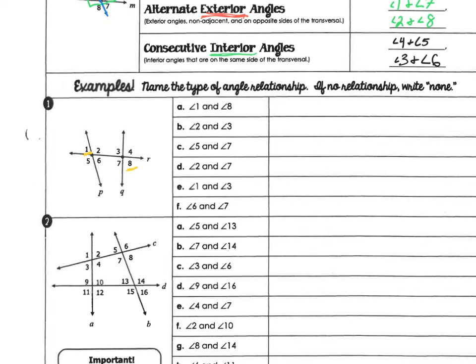Are they alternate? Because that's the only exterior thing we have. Are they on the opposite side of the transversal? Yes. So those would be alternate exterior. Because remember, R is going to be your transversal. So this is the line that we're looking at.